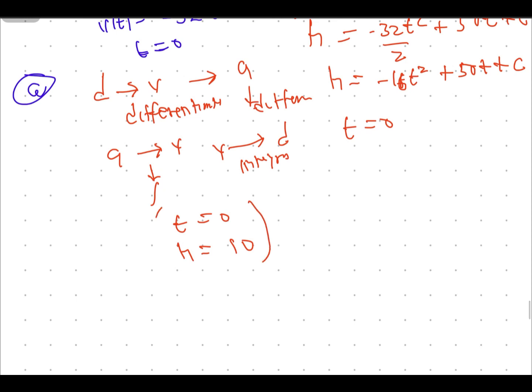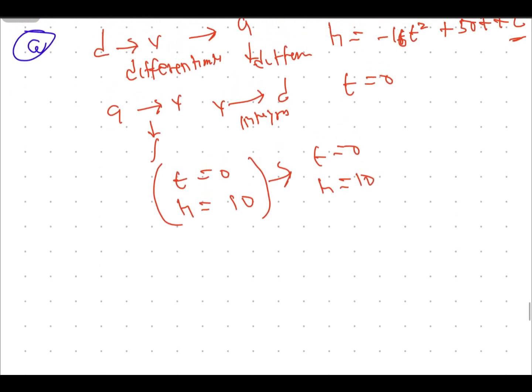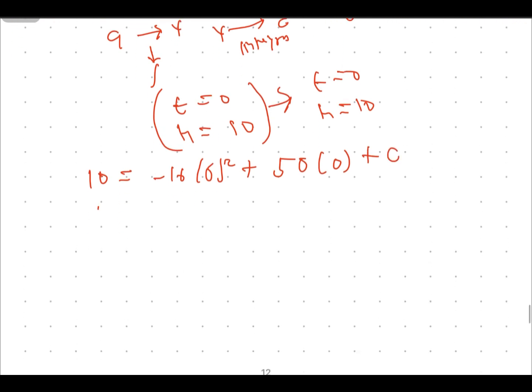This becomes our initial conditions, which will help us find the value of c. We get 10 equal to negative 16 times 0 squared plus 50 times 0 plus c.